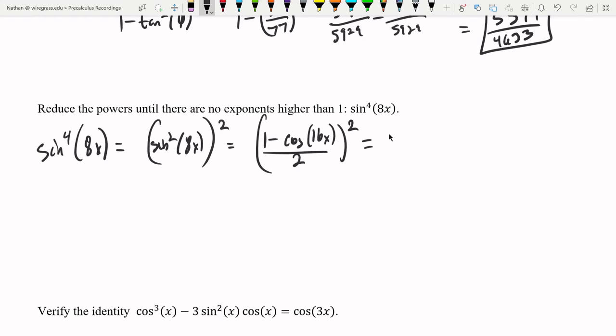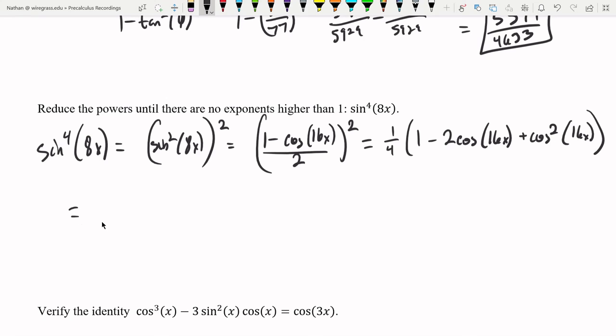So it's going to be 1/4 in front. We have 1 minus 2 cosine 16x plus cosine squared 16x. And this can be further reduced. So let's use the trig reduction for cosine squared.